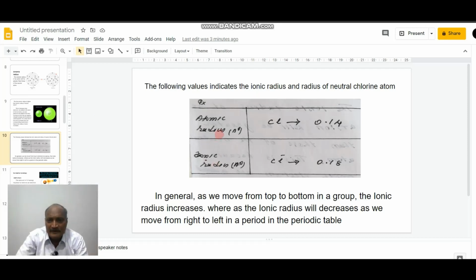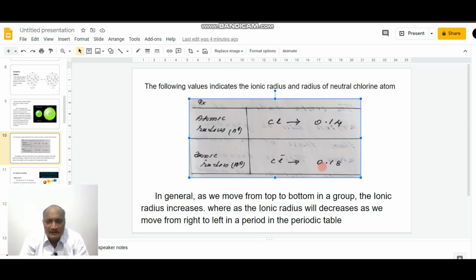The atomic radius of the neutral chlorine atom is found to be 0.14 Angstrom unit, whereas the ionic radius of the chloride anion is found to be 0.18 Angstrom unit, which is higher than the atomic radius of the neutral chlorine atom.